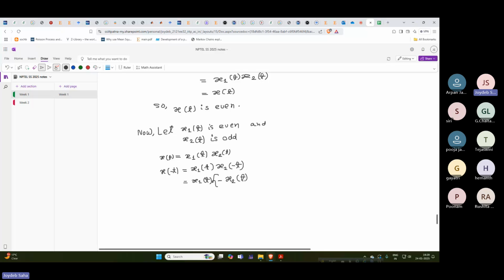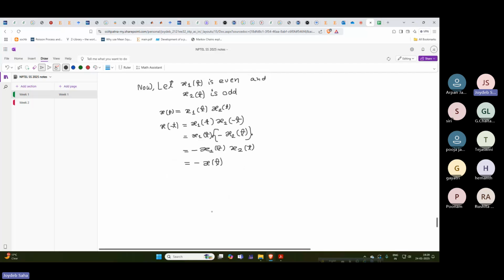So this is -x1(t)x2(t), which is equal to -x(t). If x(-t) is equal to -x(t), that means x(t) is odd.